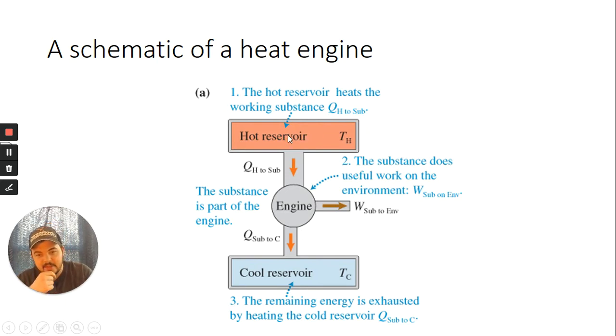Heating is flowing from the hot reservoir into our substance, and then heating is flowing from the substance into our cold reservoir as well. This number up here is going to be larger than this number down here because some of that energy that went through this engine is leaving through a working process. So that's our schematic. Heating enters our system, and then energy leaves the system through some combination of working and then heating the cold reservoir.